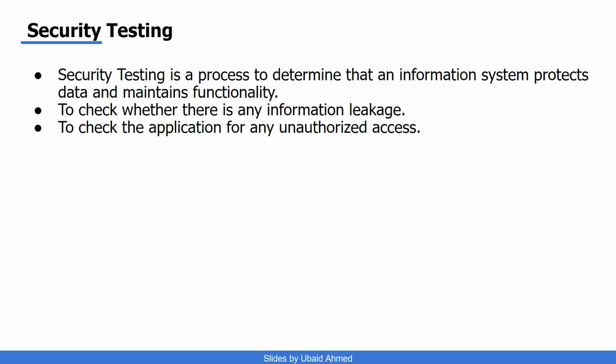So you have to ensure that the lower privilege user is not able to perform the actions of a higher privilege user, or any user who is not authenticated into the application, or who has not purchased the premium membership, is not able to perform the tasks of a premium member. So all these things are also ensured in security testing. This not only answers what is security testing, but also covered the purpose of security testing.